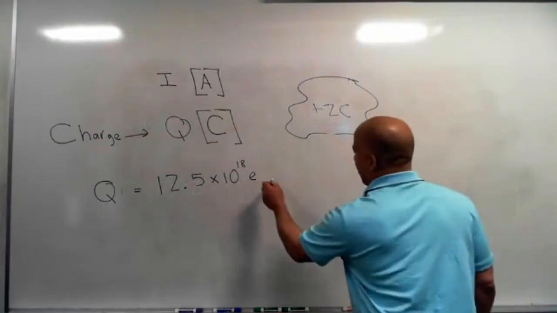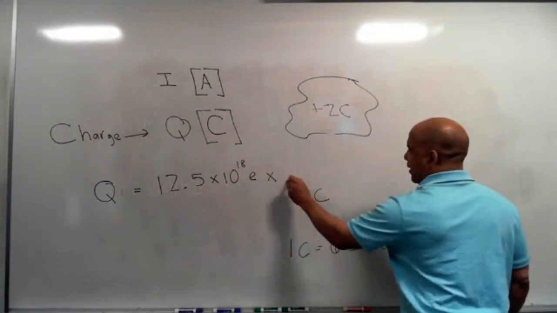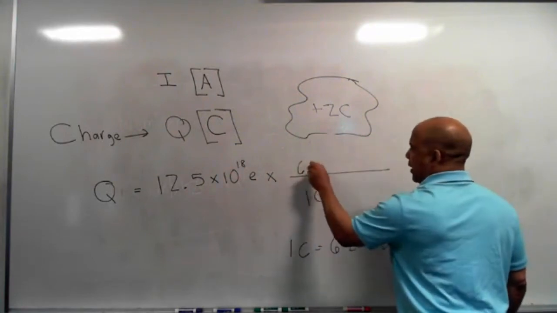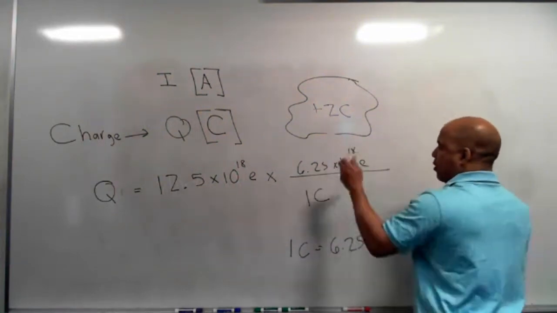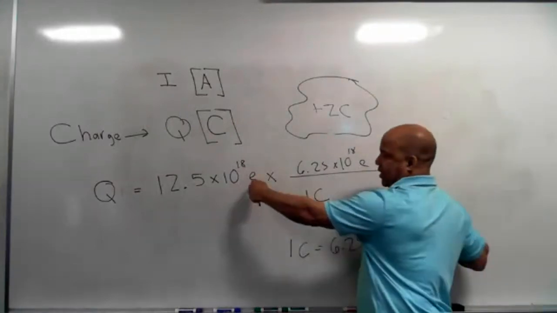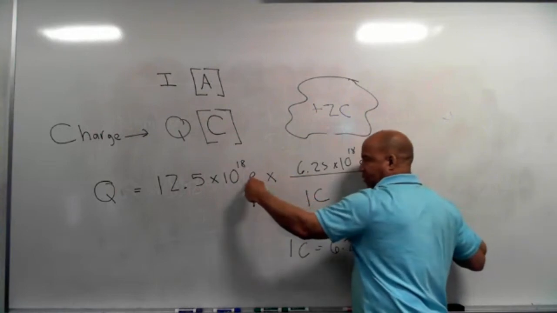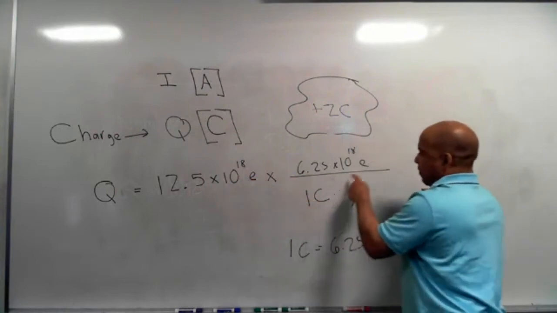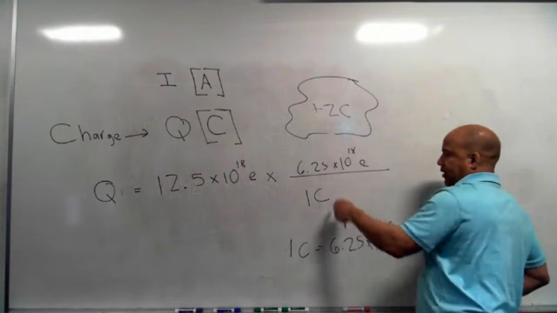And so you can set this up where you multiply by either 1 coulomb over 6.25 times 10 to the 18 electrons, or you do it the other way. And you know which one to multiply by because you have to be able to cancel this unit with that one. But there's no way I can cancel the unit of electrons with the C. That means I got this turned the wrong way. I got to flip it over. I got to put this on the bottom and the coulomb on the top.